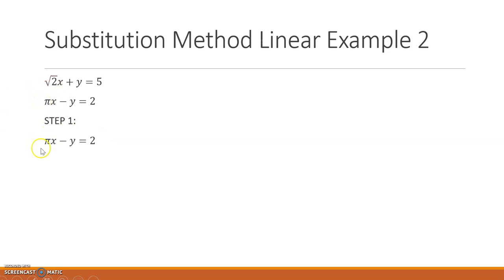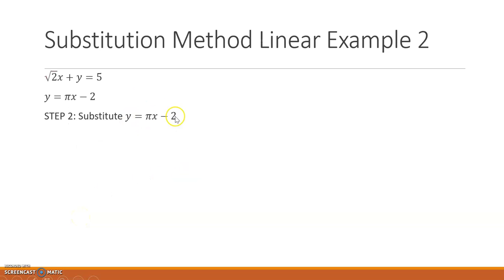Well, we can subtract pi x on both sides, leaving us with negative y equals negative pi x plus 2. And now we can divide everything by negative 1, leaving us with y equals pi x minus 2. So now for step 2, we are going to take what y equals and we'll substitute it into that other equation that we have, which will leave us with the square root of 2 times x plus pi x minus 2 equals 5.